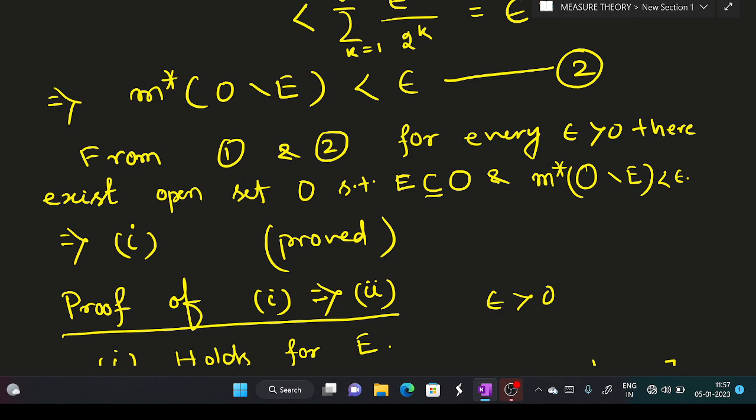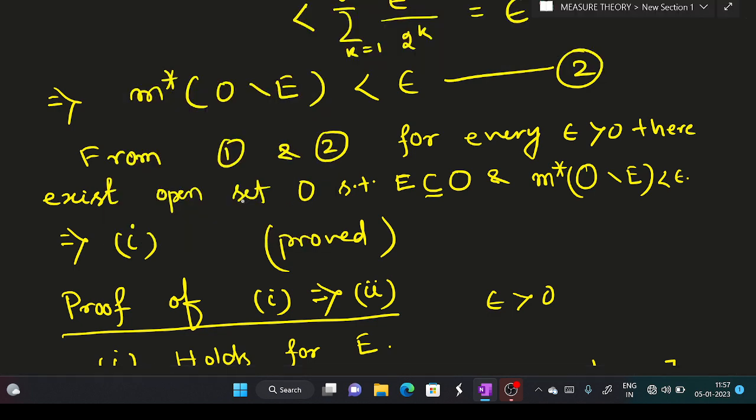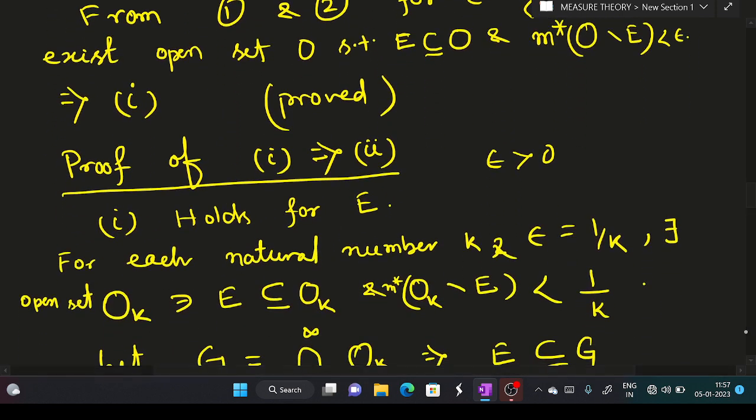This condition is with us, and with it we will go for the second condition. What is the second condition? That is, for every measurable set E, we will always get a G delta set G such that G contains E and G difference E has outer measure 0.